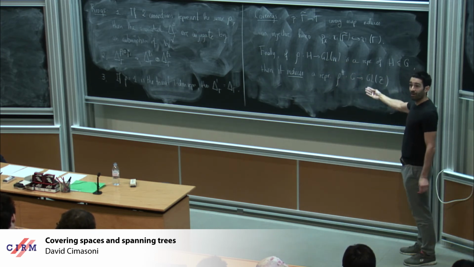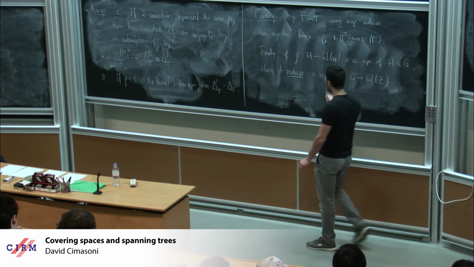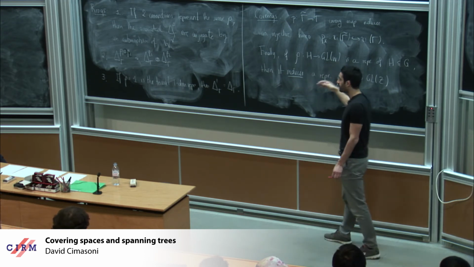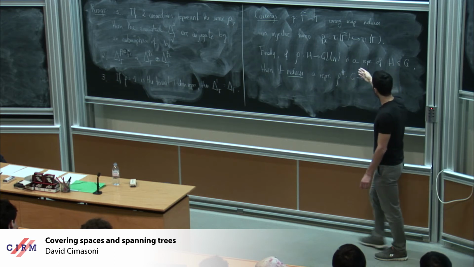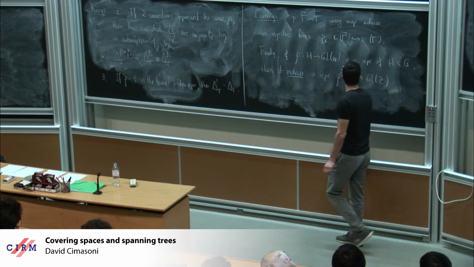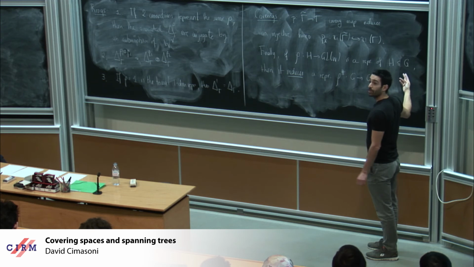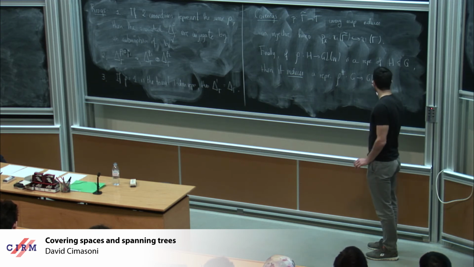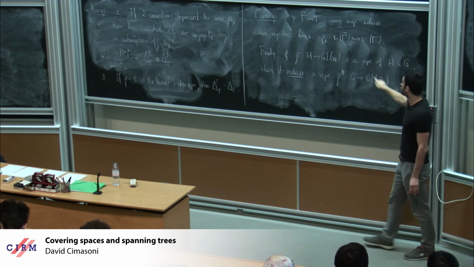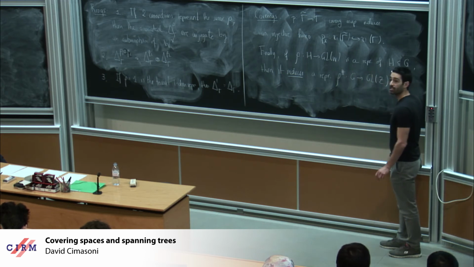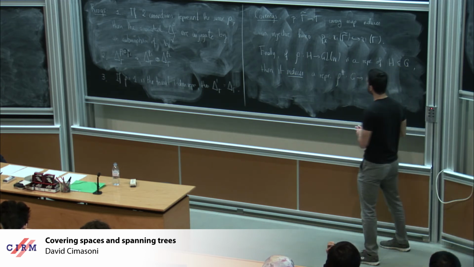So I'm not going to define this thing because it's not going to play such a role, but you should know, or maybe you know already, that whenever you have a representation like this, it induces a representation on the bigger group on some bigger space. Okay, the dimension of this space is equal to the dimension of this one times the index of H in G.